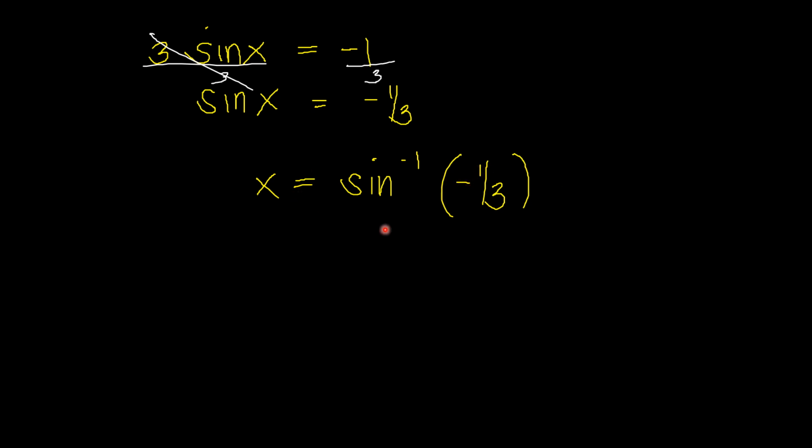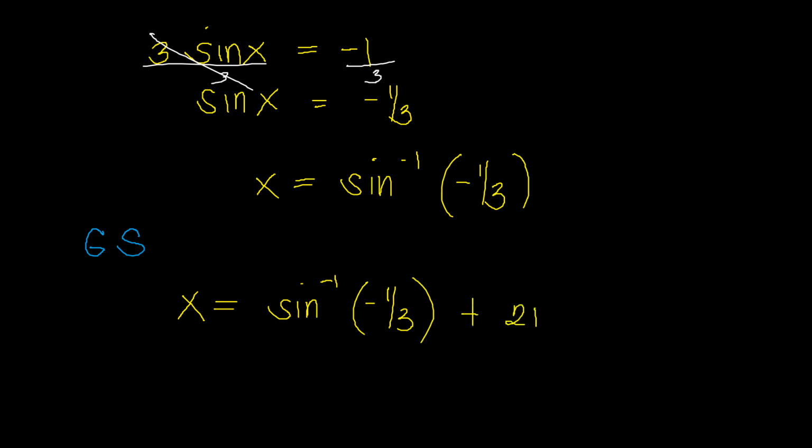Now this is the exact value of x. Take note that arc, inverse sine, or arcsine would mean angle. And the general solution of that will now be x is equal to arcsine of -1/3 plus 2n pi. So that is the general solution.